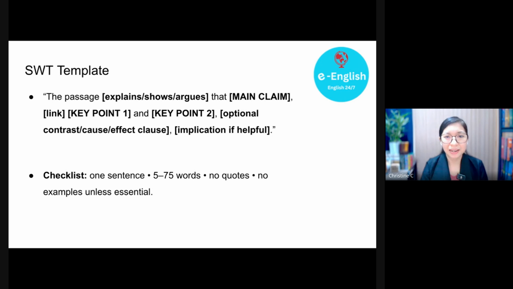Exactly. Okay, I get it. So you're actually talking about a conversation, right? Usually among three speakers. This template is different. When you summarize a conversation or an audio, you actually have to state or restate what each person says.